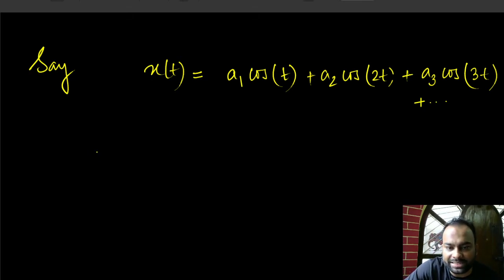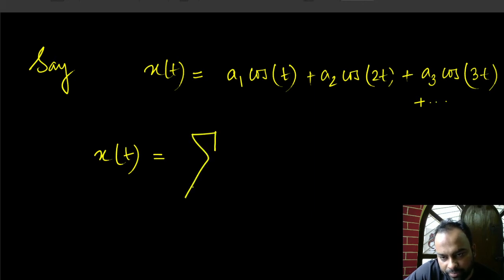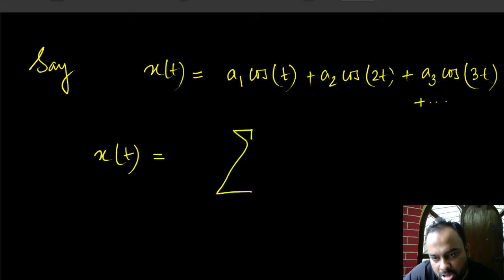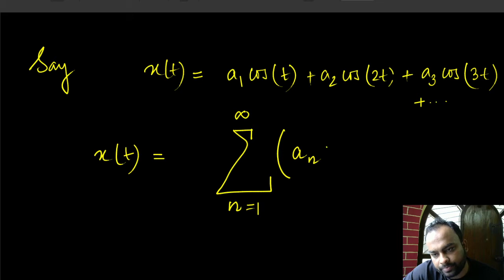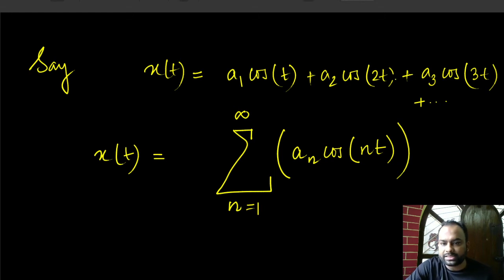This can be actually very nicely written in the form of a summation. All of you actually know that. So we have a summation from n equal to 1 to infinity of an cos nt. So a signal that is representable this way can be written as this. It's like a1 cos 1t, a2 cos 2t, a3 cos 3t and so on.